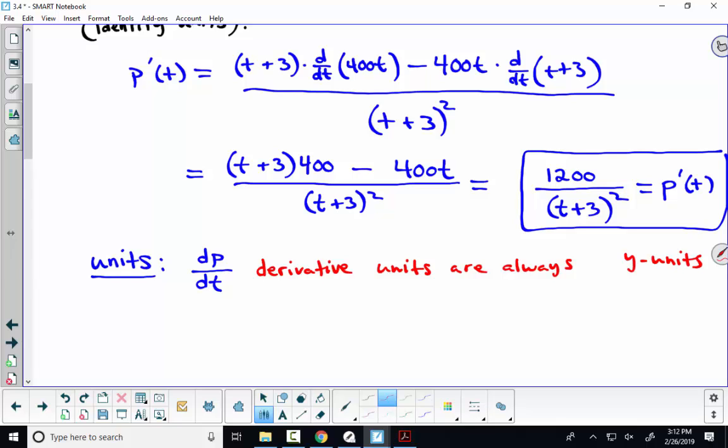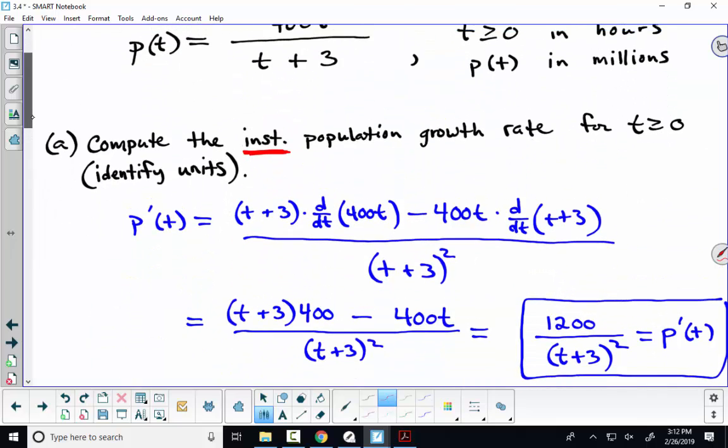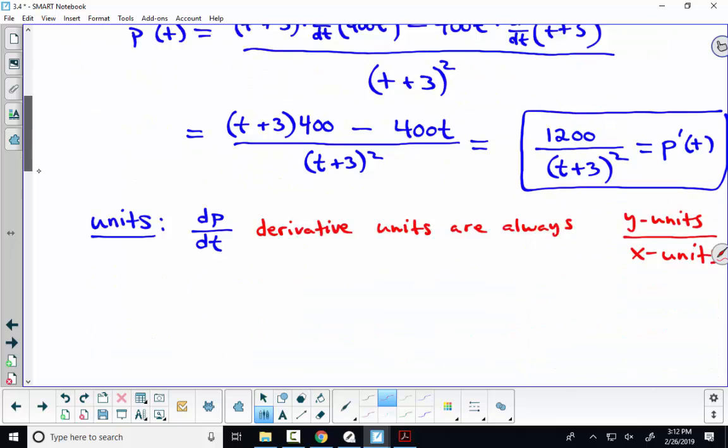Maybe we should put parentheses over the x, because it's not always x and y, like this is not x and y, so I don't want that to be confusing. It's always the dependent units divided by the independent units. So this would be like millions per hour. The units of the function, population, was given in millions, and t was given in hours.